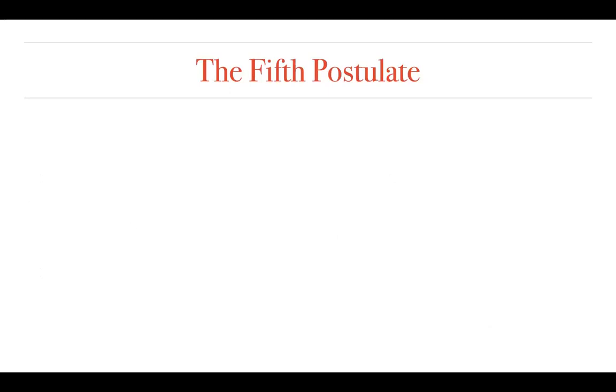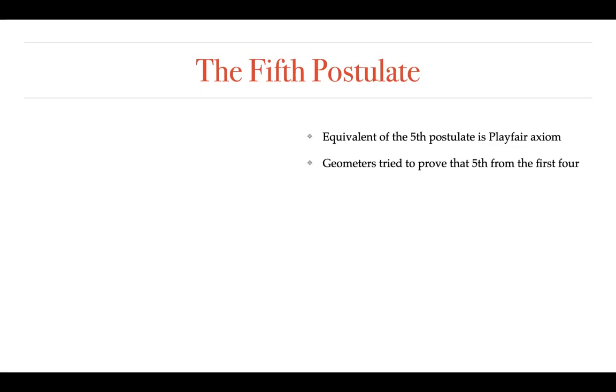Because the fifth postulate is so important, let us talk a bit more about it. As I just said, an equivalent statement of the fifth postulate is called the Playfair axiom. Geometers tried hard to prove the fifth postulate from the first four, but they failed because it was not possible.